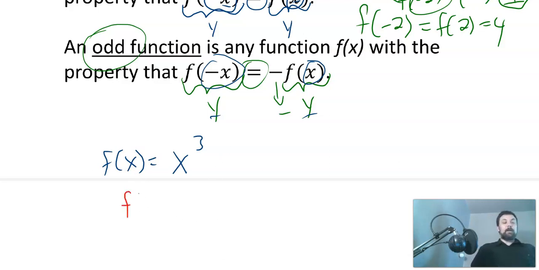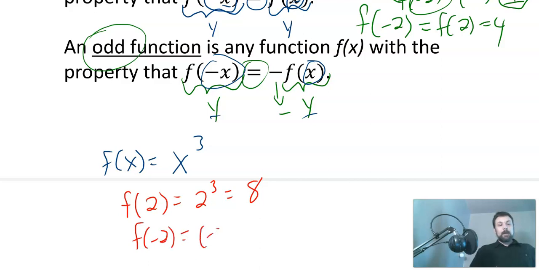If I plug in 2 here, I get 2 to the third power, which is 8. If I plug in negative 2, I get negative 2 to the third power, which equals negative 8. So I get the same answer but opposite sign when I plug in the same number but opposite sign. That's the behavior of an odd function.